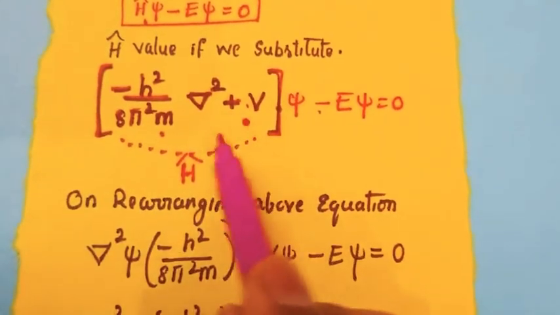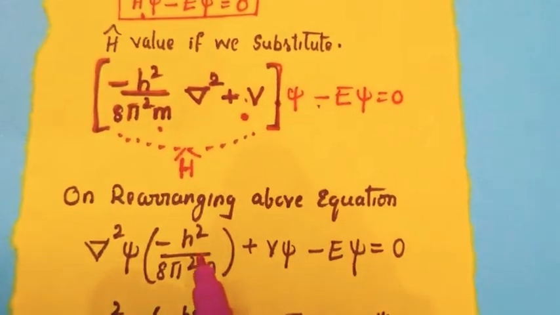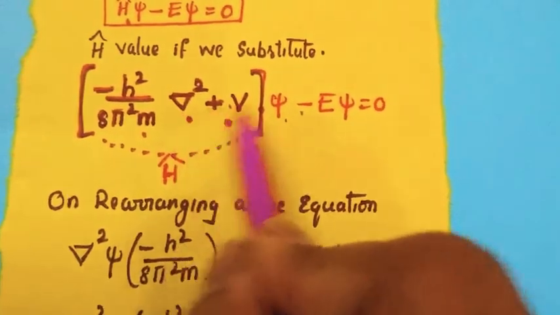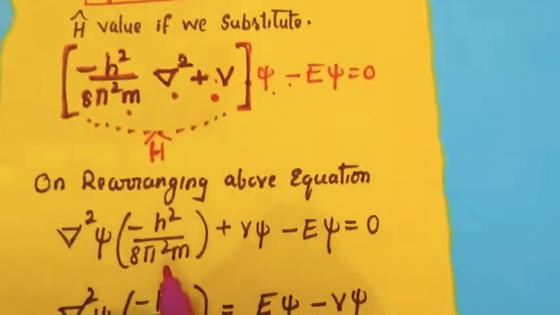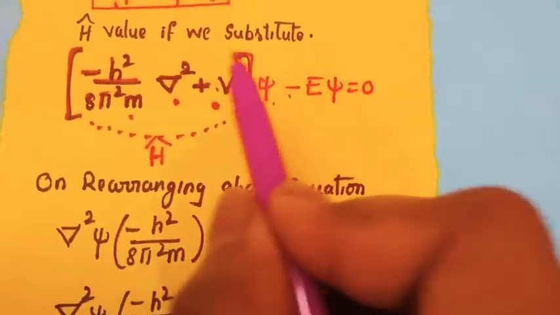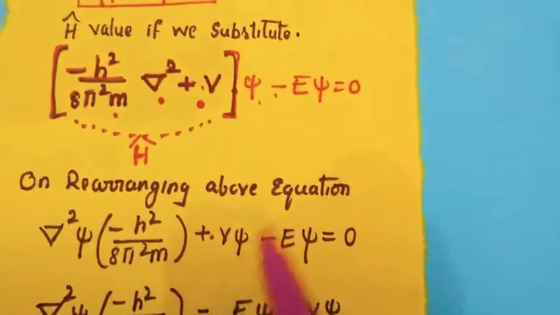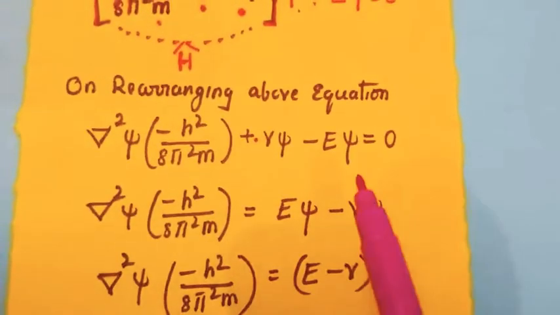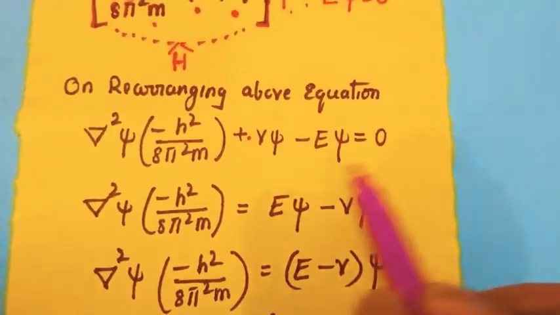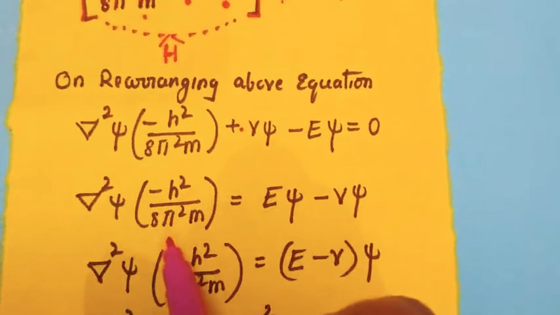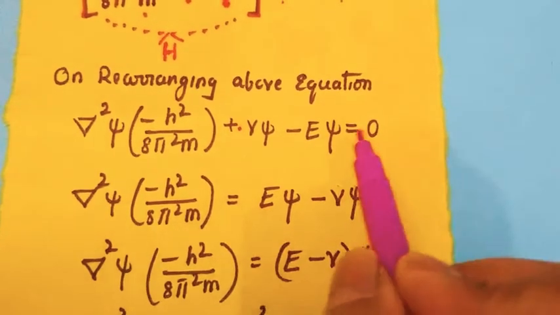If we rearrange this equation as below, you multiply del square with psi, del square psi, and keep this constant, minus h square upon 8 pi square m, plus multiply V with psi, V psi, minus E psi equals 0. And if you take these terms to the other side, you get del square psi times minus h square upon 8 pi square m equals E psi.